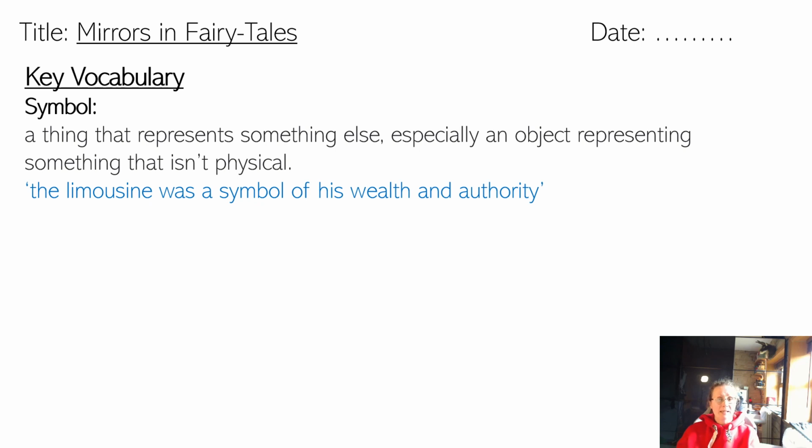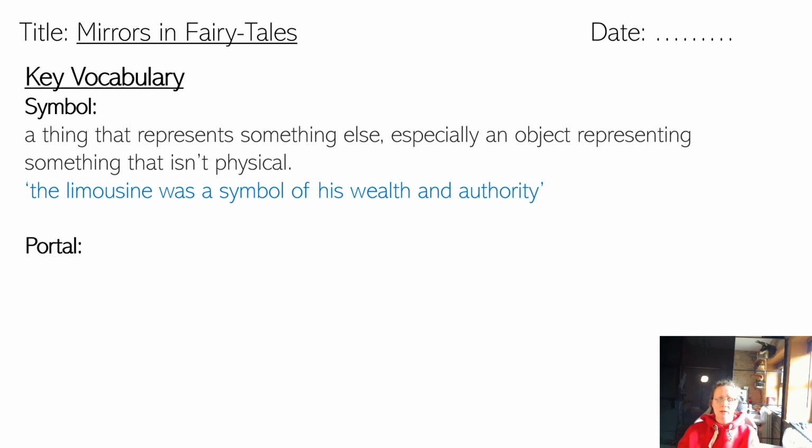The limousine, big long fancy car that you might end up going to your prom in, hopefully, was a symbol of his wealth and authority. Okay, so I want you to pause the video and write down the definition of symbol, and if you need it, you can write down the example underneath and press play when you're ready to go.